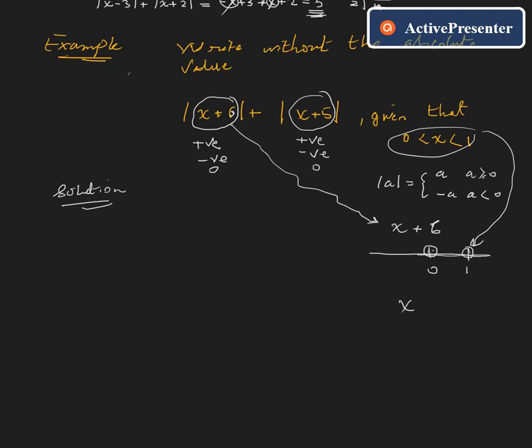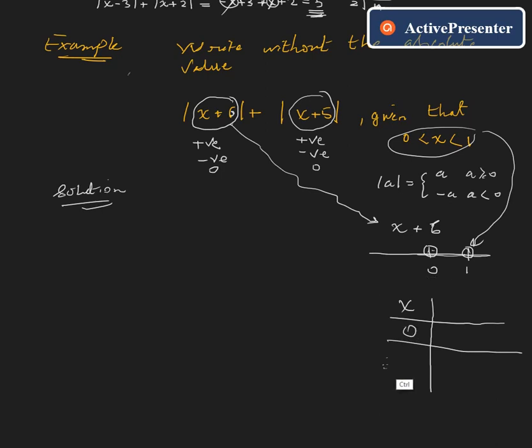You cannot say, like before, that you take 0 and 1. This is wrong, because 0 and 1 here are open, not closed. If it is closed, you can take 0 and 1 values and check. However, they are not closed, they are open.